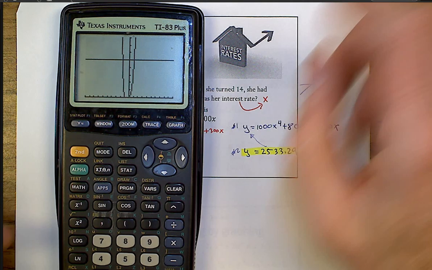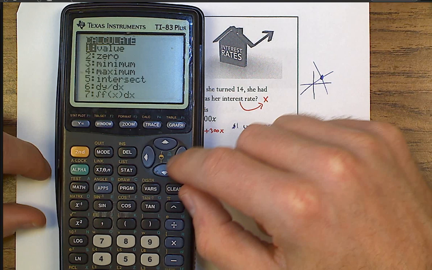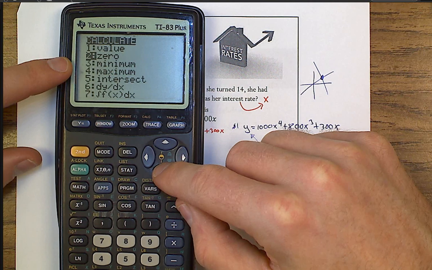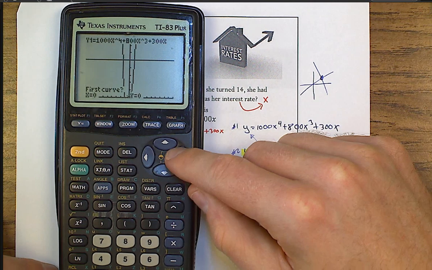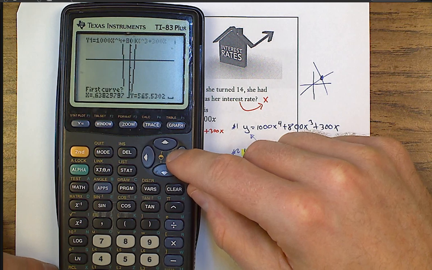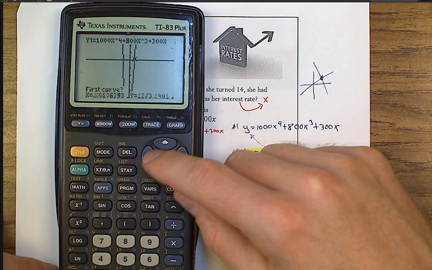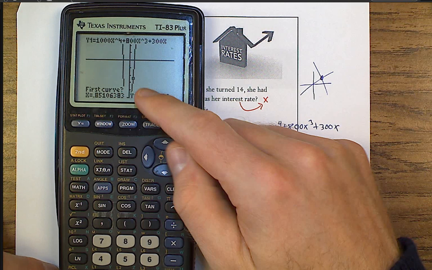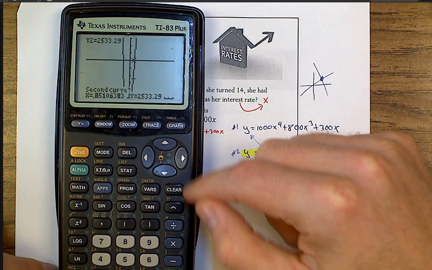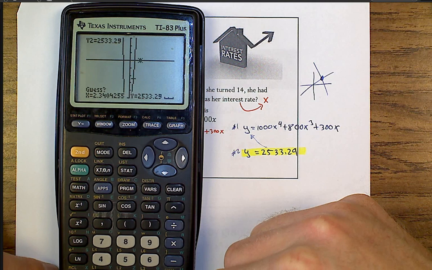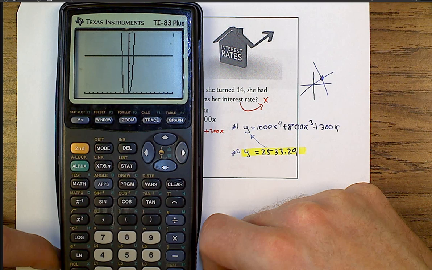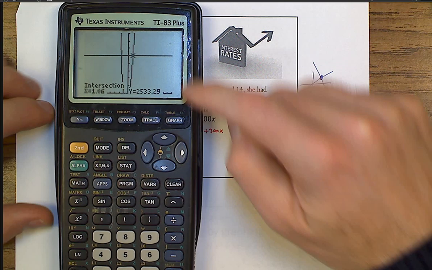So what you want to do is go second calc, and we've been using zero, min, and max, but there's also one called intersect. So we just go to intersect. Okay. Now it says first curve. You just move up, so you're on your first curve, which I'm on this part. I'm going to hit yes. Second curve is just on that second line, so hit enter again. Hit enter again, and you get 1.06.